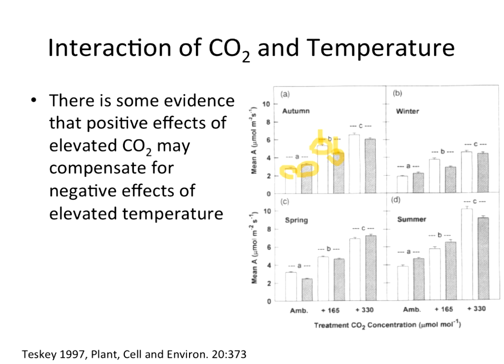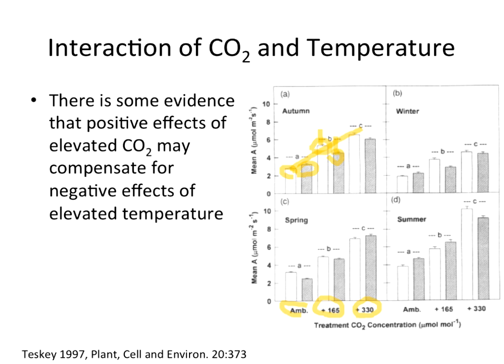What you see is that at any given CO2 concentration, ambient, plus 165 and plus 330 parts per million, in general there's a negative effect of temperature. But as CO2 concentration goes up, the overall photosynthesis rate increases. So these increases in carbon dioxide concentration to some extent may mitigate some of the negative effects of elevated temperature.